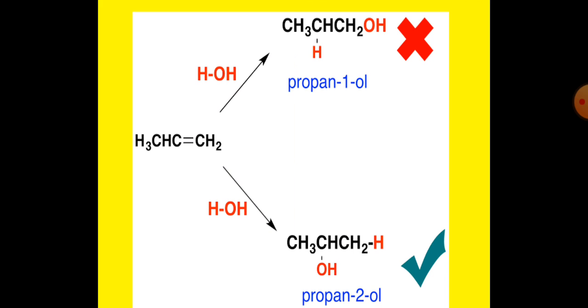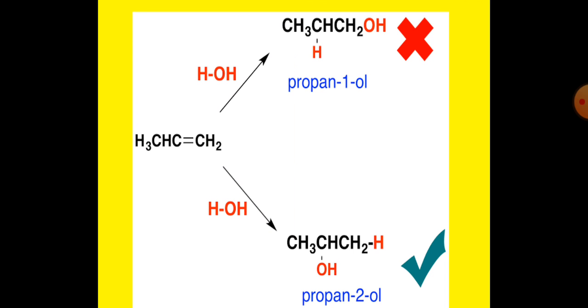Here the first structure, that is propan-1-ol, is a proper product according to the anti-Markovnikov's rule. Here what do you see?